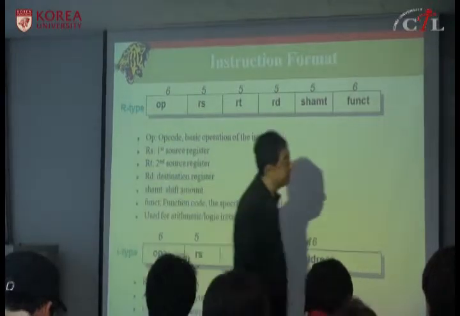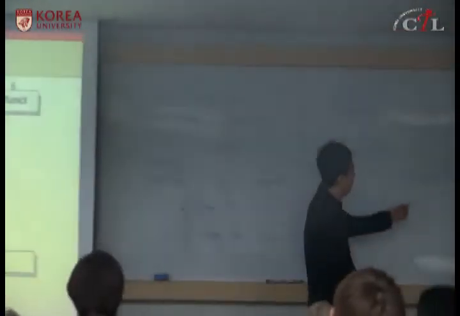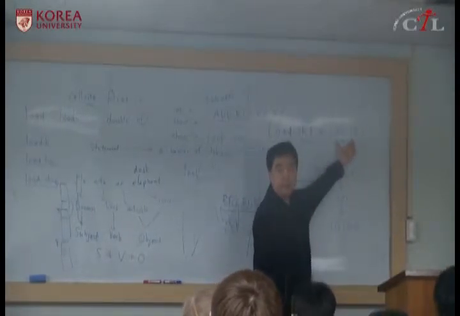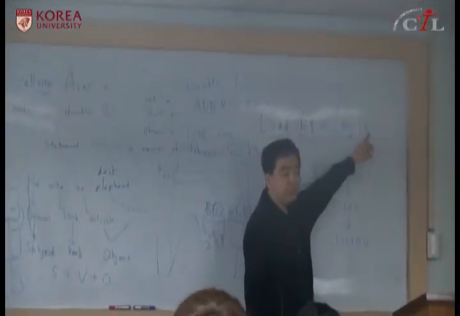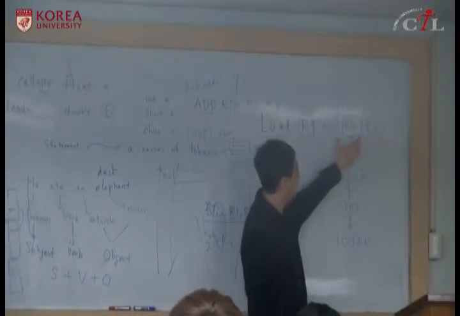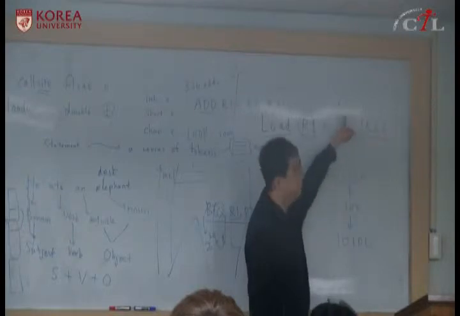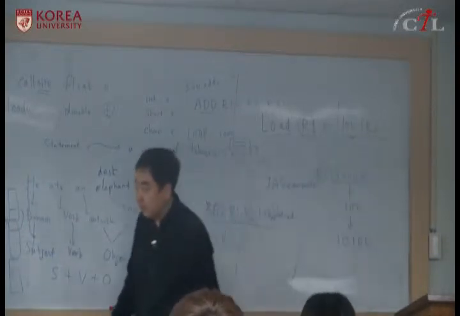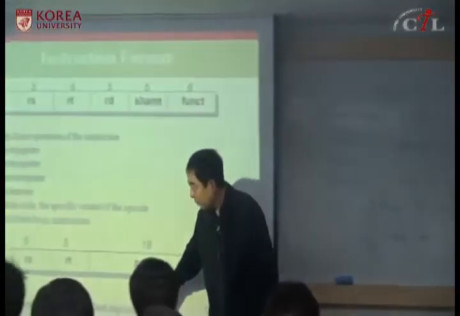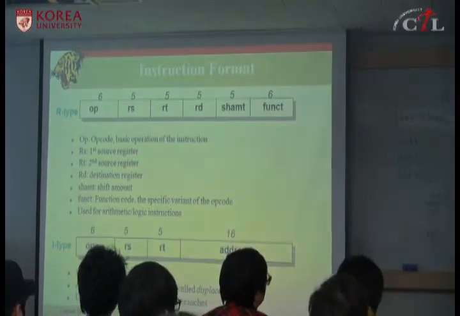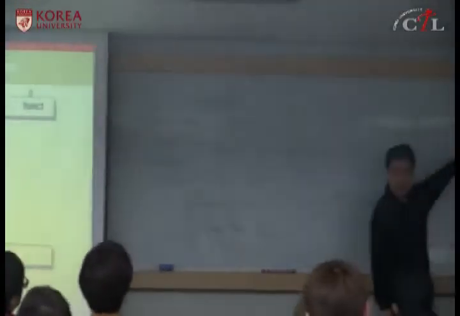As I said, this specifies the memory address. To compute the memory address, based on the content of R2, you add this amount. This is called offset or displacement. And this register is called the base register.